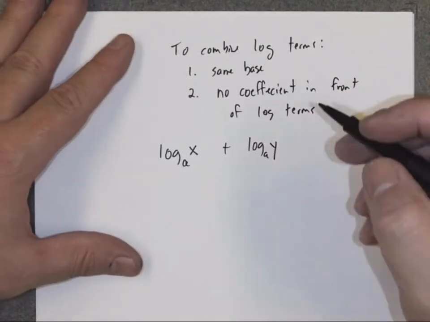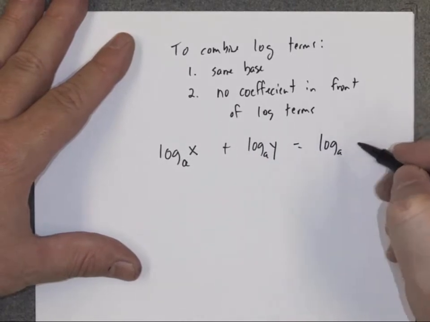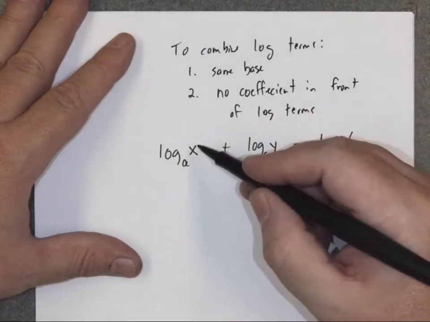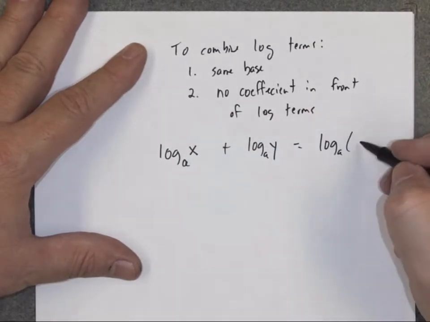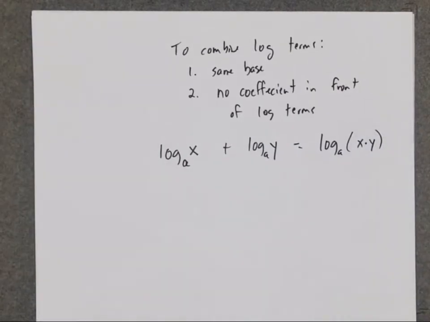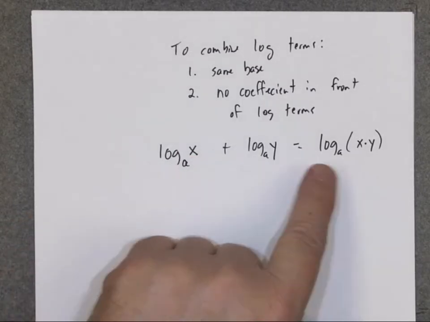How do we combine these into one log term? Well, it's going to be log base a, and whenever we're adding two log terms, you simply take the stuff inside and you multiply it. So log base a of x times y.